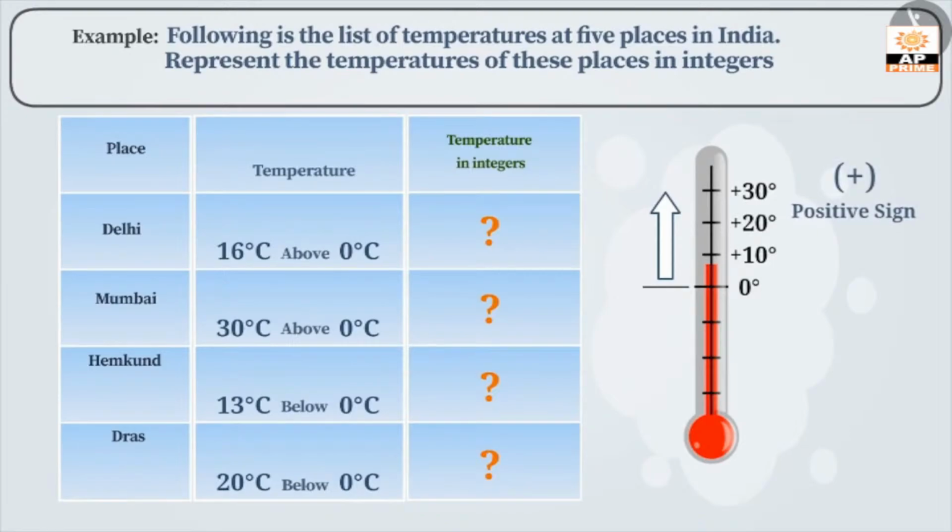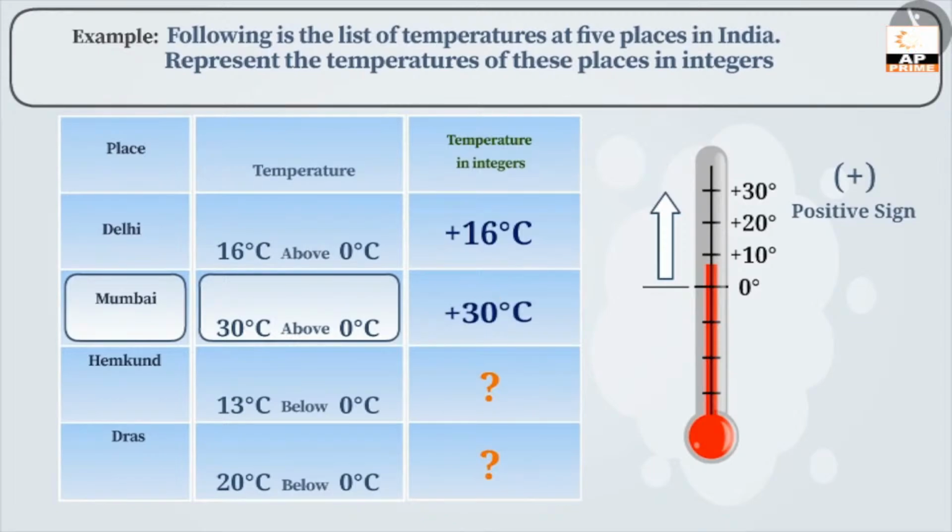So the temperature of Delhi is 16 degrees above 0 degrees centigrade. Therefore, it is represented as plus 16 degrees. Similarly, Mumbai is 30 degrees centigrade above 0 degrees. Therefore, it is represented as plus 30 degrees centigrade.